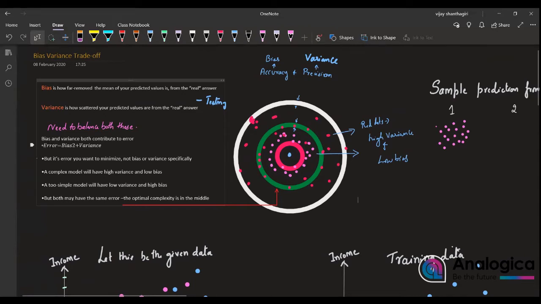So your actual error in prediction is bias squared plus variance. That's the equation. It's the error that you want to minimize, and not bias or variance specifically. So that's very important that you understand this.